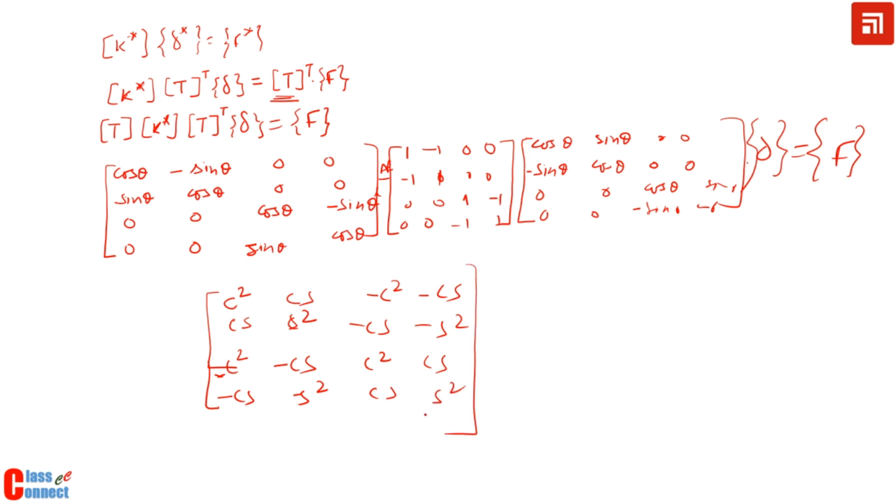This is what we get as the product, and that is why we call it the stiffness matrix in the global coordinate system. This is the derivation of the stiffness matrix in the global coordinate system for a truss element that we have introduced in our previous lectures.